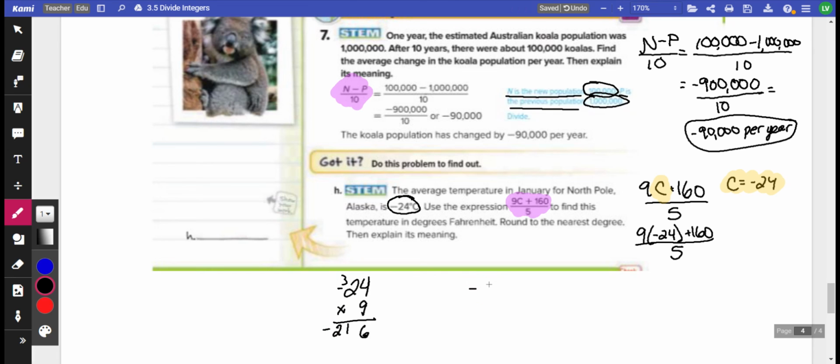So let's continue this. Negative 216 plus 160, divided by 5. So negative 216. I'm going to find the difference of 216 and 160. So that's 56. Now 216 is a negative, and that's larger, so it's negative 56 divided by 5.